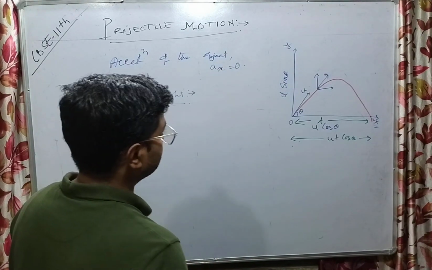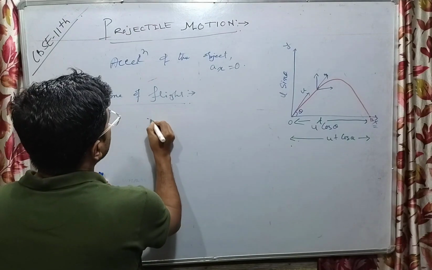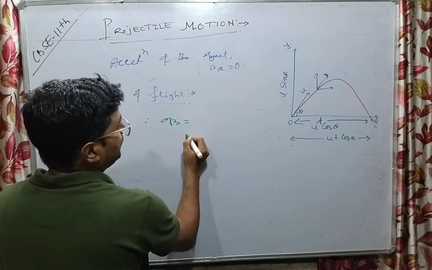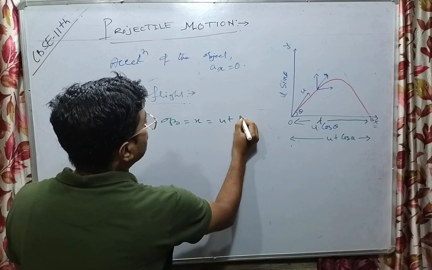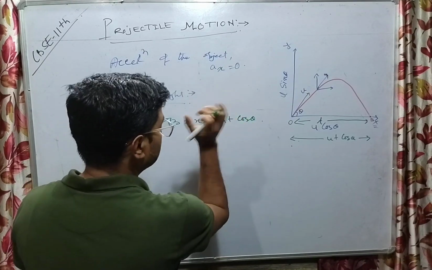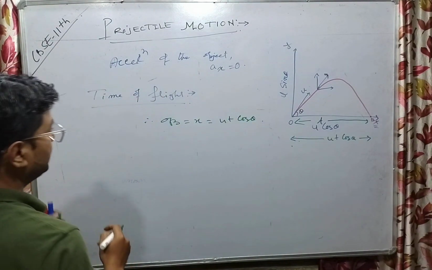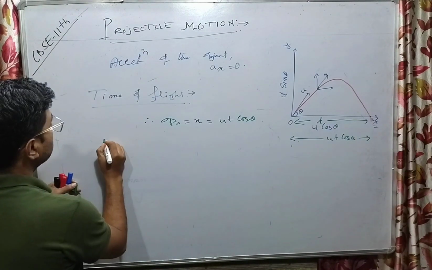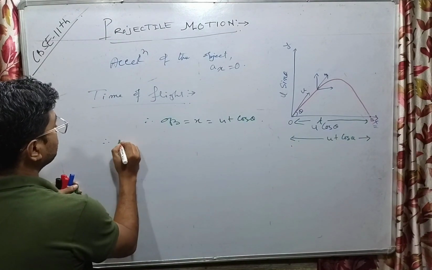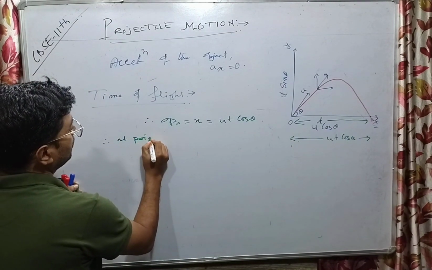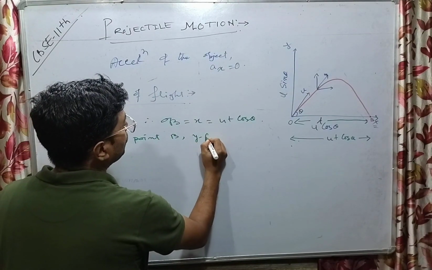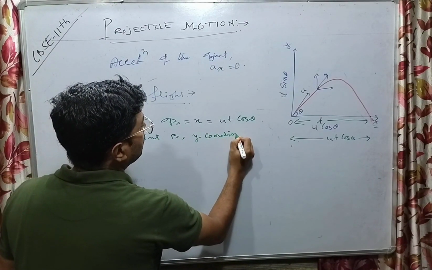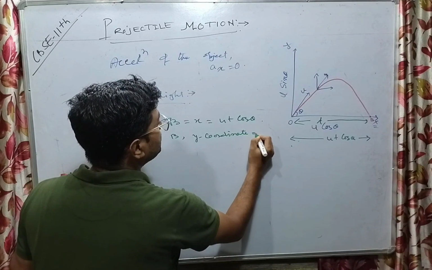Now students, OB is equal to x is equal to ut cos theta. At point B, the y coordinate is equal to 0.